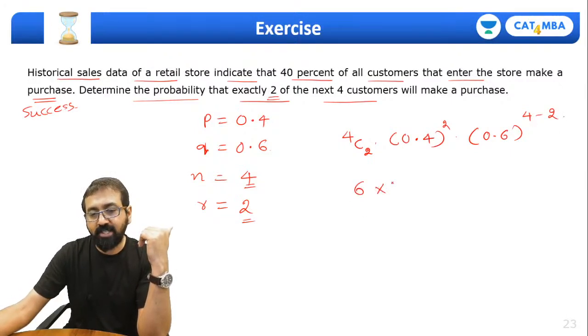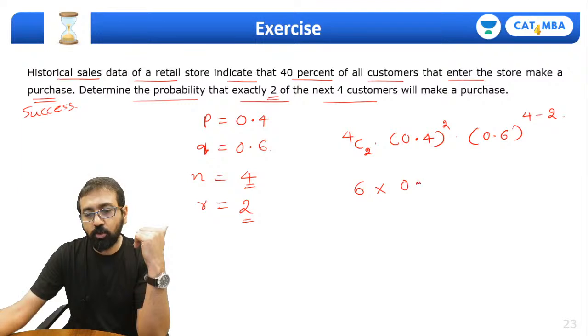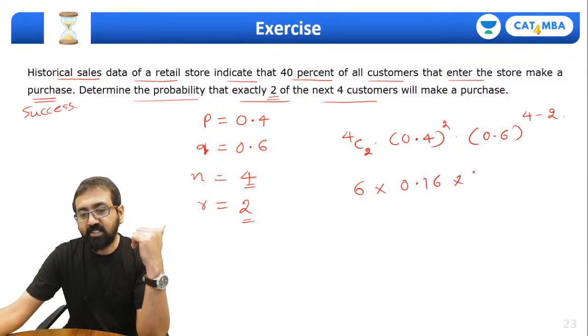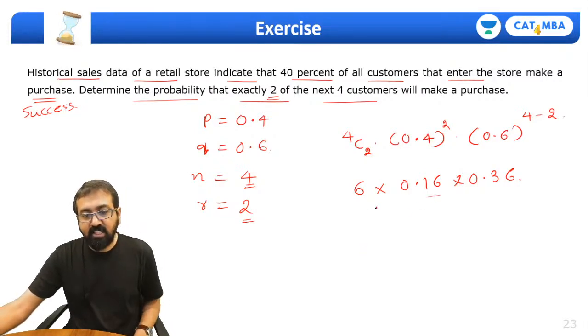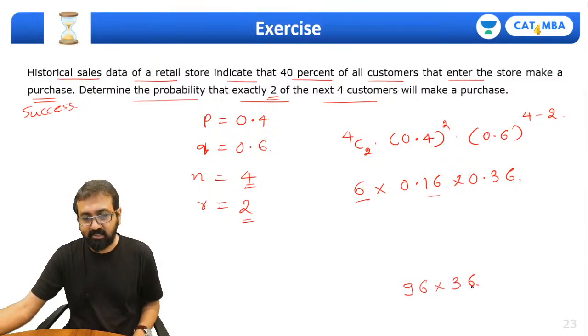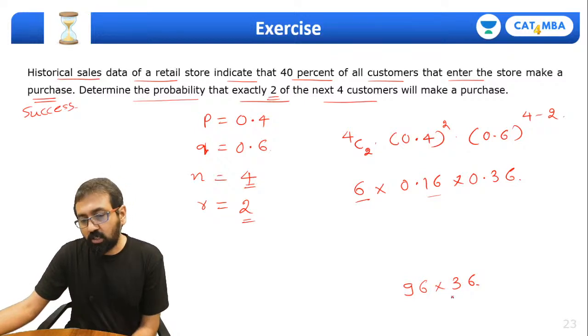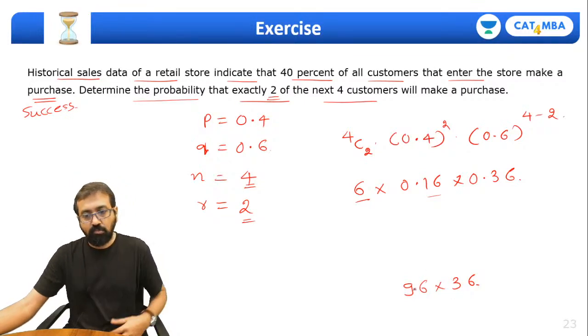What is 4C2? 6. 0.4 raised to 2 is 0.16. 0.6 raised to 2 is 0.36. Right? Okay. Now 16 sixes are 96. Let's do the calculation. 96 into 36. Right? This is what we need to calculate.